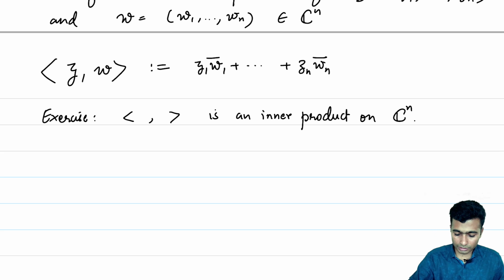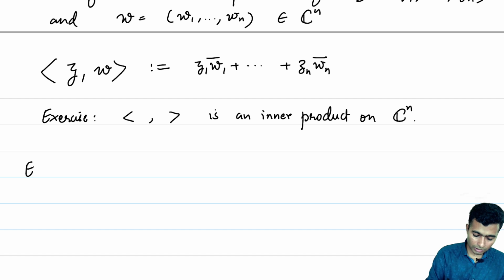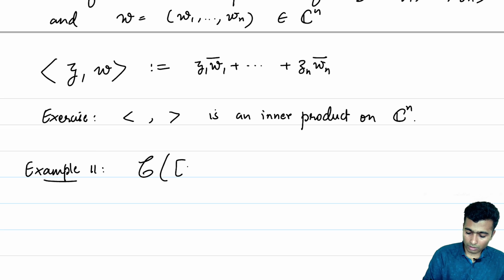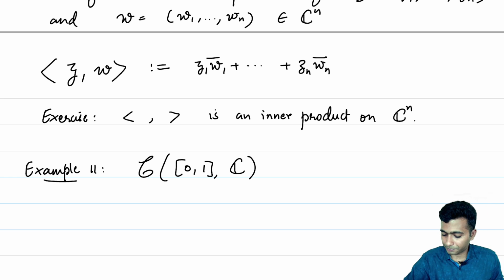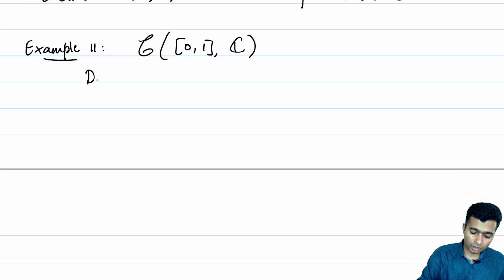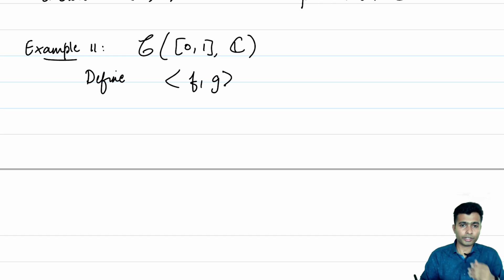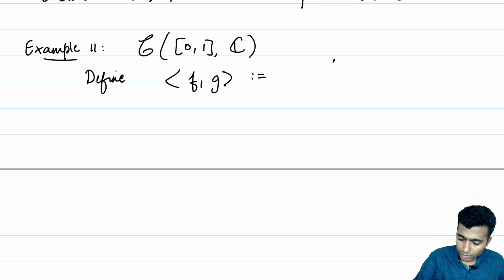Okay, so let's next consider another example, 11. Let's look at complex valued functions, continuous functions from 0, 1. Define the inner product of two such functions. We have already noted that this is a vector space over C, and let's define the inner product like we have defined earlier, but let me just use simple notation to write it as f g bar.